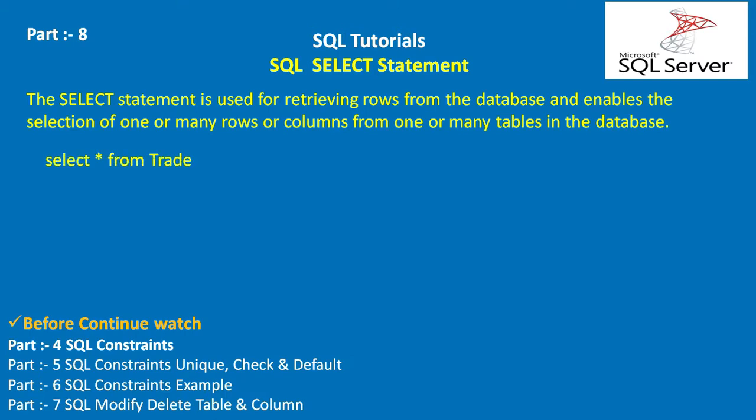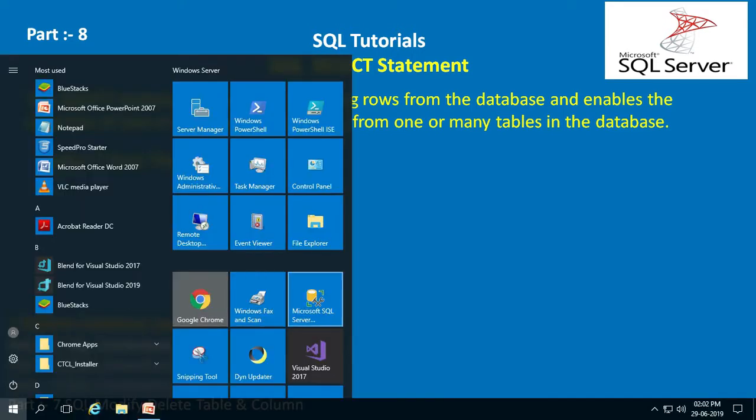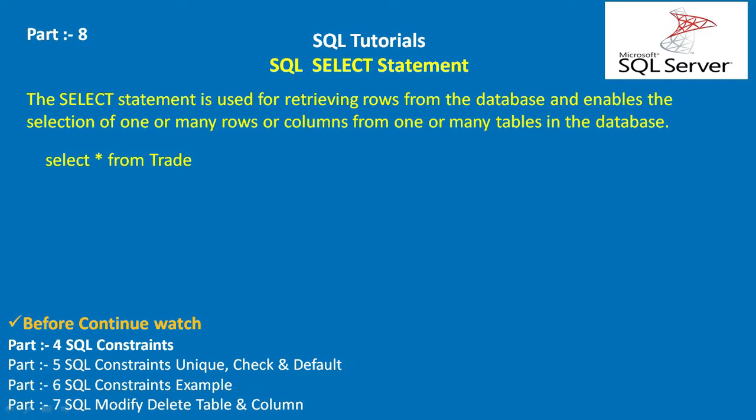Now here is the command for all columns in our table. We will use the trade table as an example here. So let's start. First open Microsoft SQL Server Management Studio.